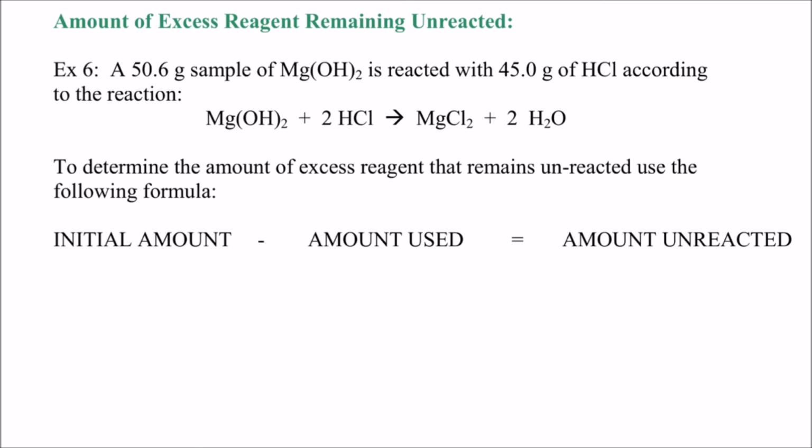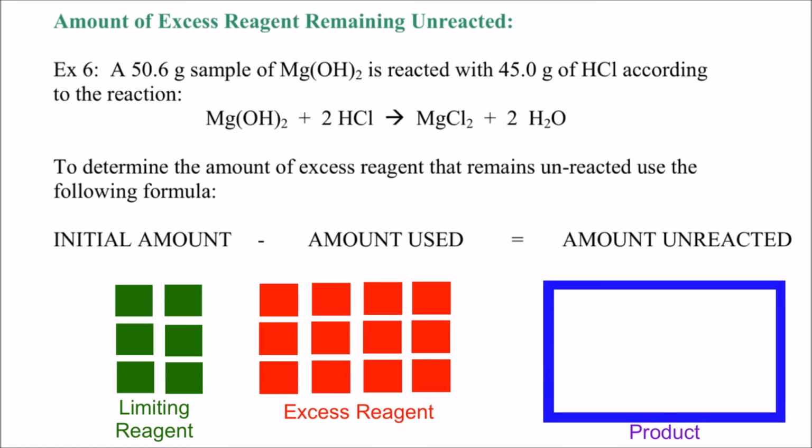So we need to figure out how to find the amount of excess reagent that's used up. Okay, imagine this for me, please. Let's say that this is the limiting reagent, this is excess, and they're going to combine to form a product over here. Okay, so we'll take one of the limiting and we'll take one of the excess and hook those together. Okay, and then we do it again.